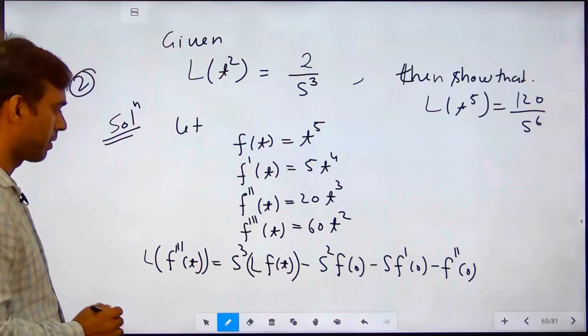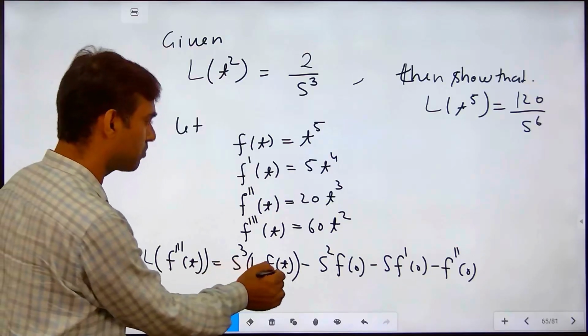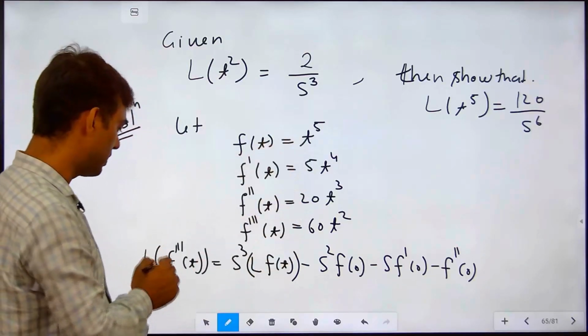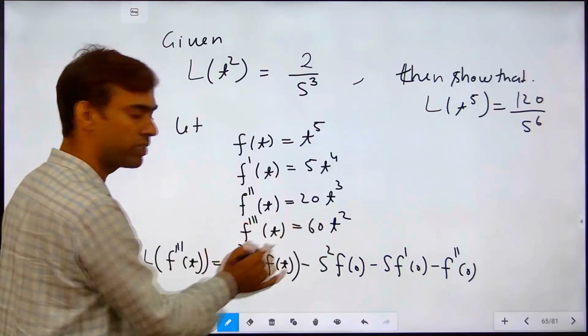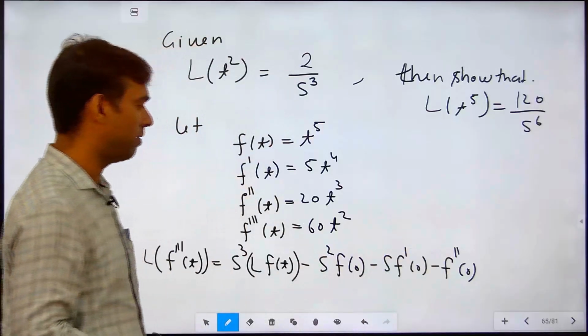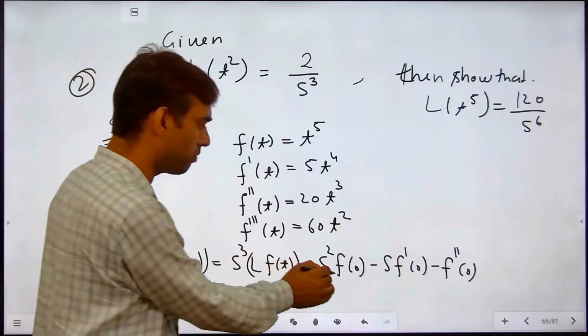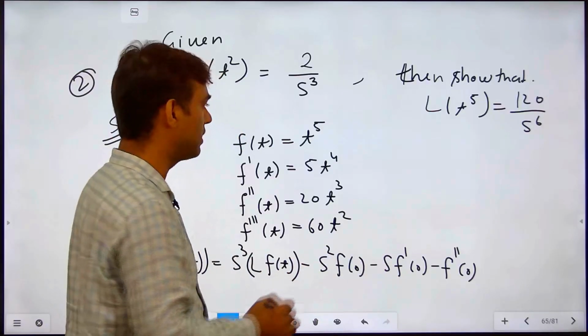So, here what is the unknown? The unknown is the Laplace transform for t to power 5. What is known? The Laplace transform for f triple dash t, meaning the Laplace transform of 60 t square, and f of 0, f dash 0 and f double dash 0. So we need the values of f of 0, f dash 0 and f double dash 0.